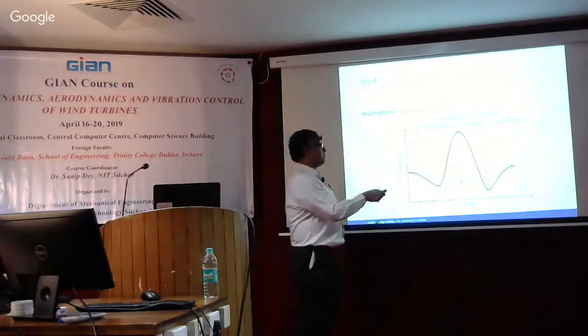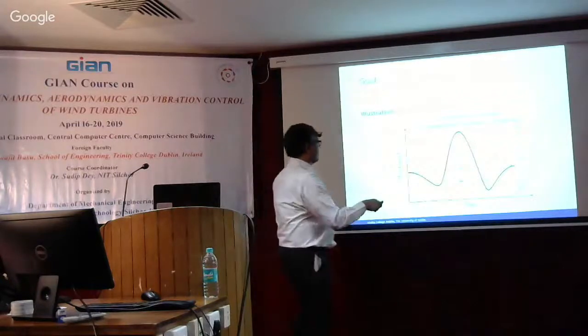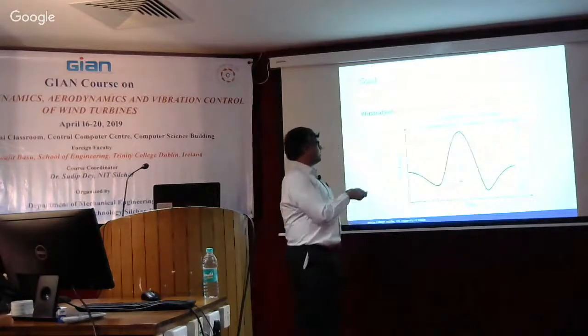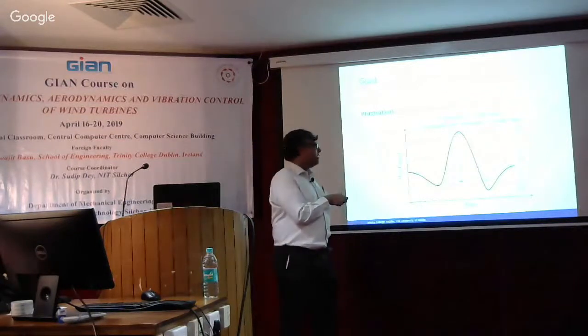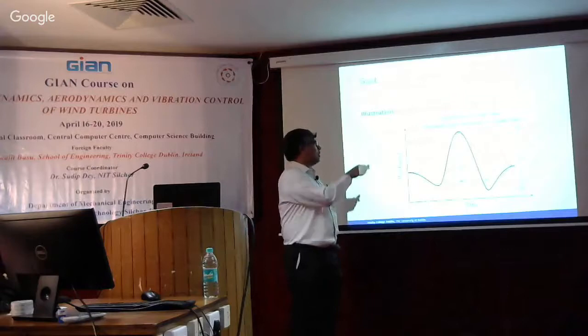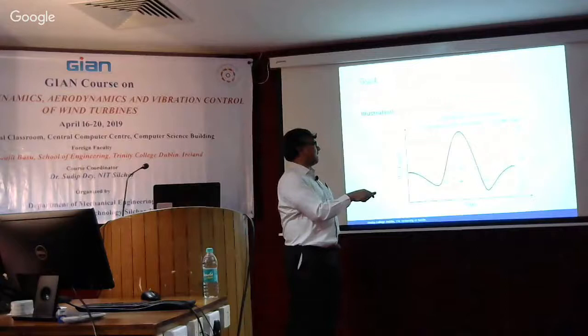It's a very special type of signature, and this is what happens when a gust is there. So before the gust arrives, there is actually a decrease in wind speed, and then there's a sudden, sharp increase like this, and then again a sharp drop, and then it goes back to the original.